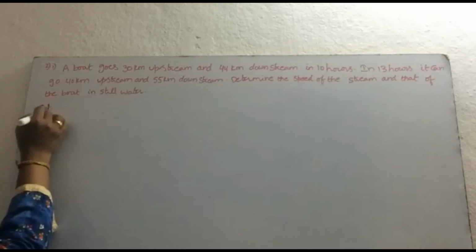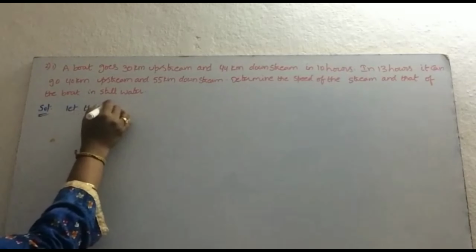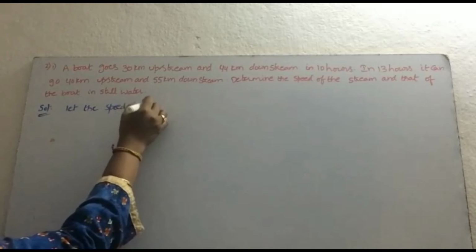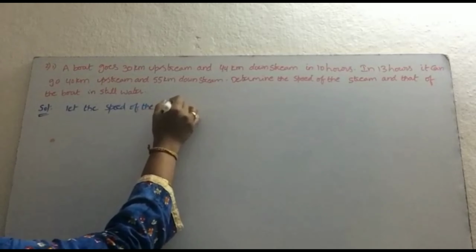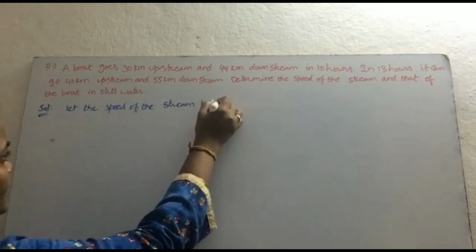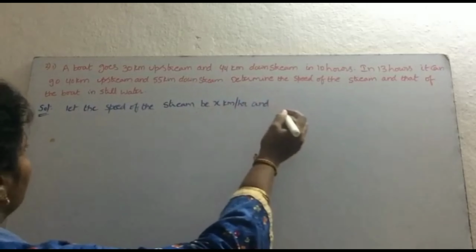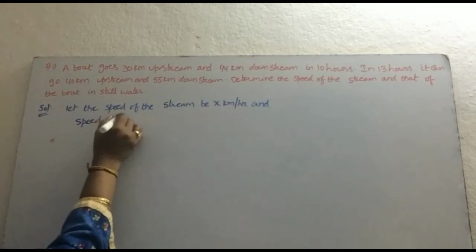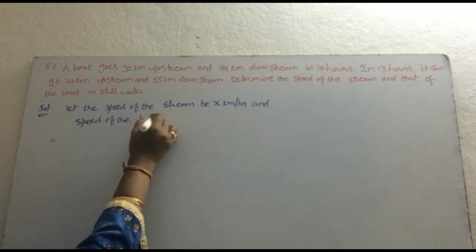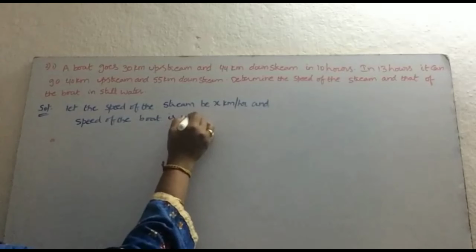Now, let the speed of the stream be x kilometers per hour and speed of the boat is y kilometers per hour.